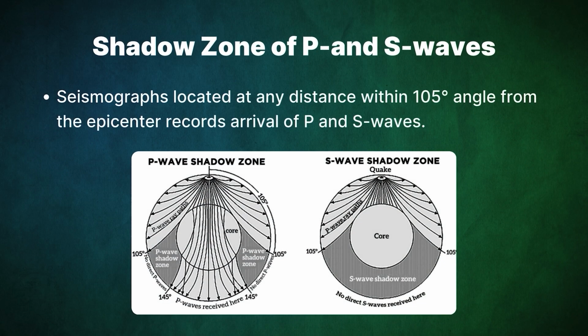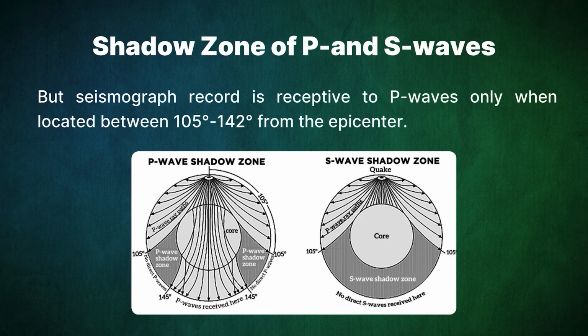During propagation of the primary waves, P waves and S waves, we find a shadow zone. What is that shadow zone? I will discuss the shadow zone here. Seismographs located at any distance within 105 degrees from the epicenter record the arrival of P and S waves, but seismographs record only P waves when located between 105 and 142 degrees from the epicenter.